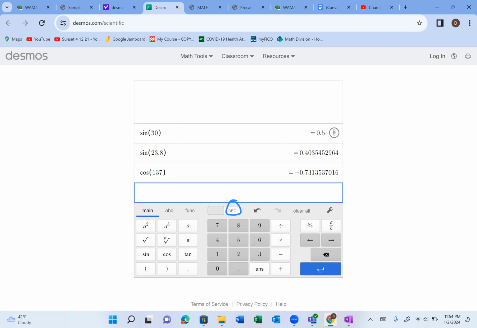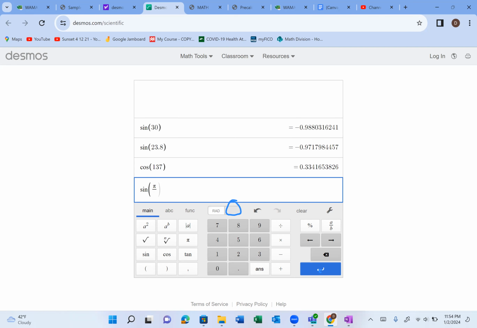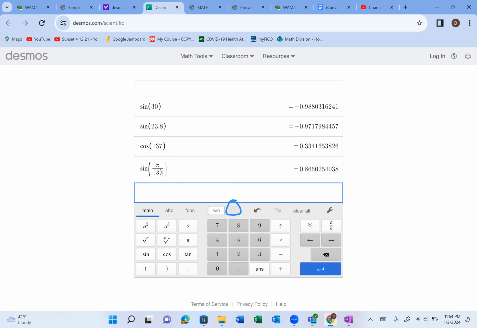And so we can get the values out of the calculator. It's typically built in as a function there. And you do have the option of being in degree mode or radian mode. Make sure that you're in the proper mode. If I need the sine of, let's see, what's one that we know? How about pi divided by 3? Sine of pi divided by 3 is 0.8660.